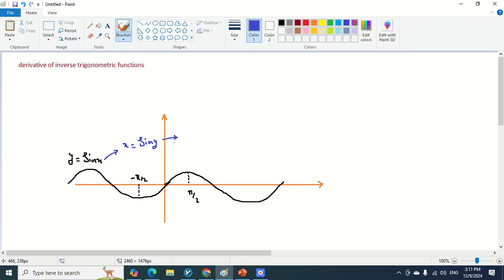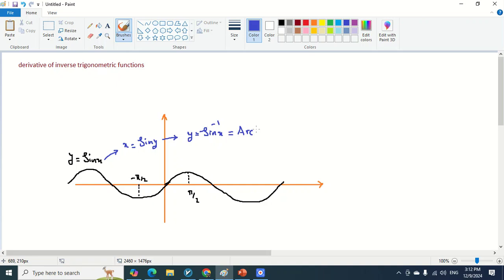It means that over here y is given by sine inverse of x, or arc sine of x, which determines the angle whose sine is x. So this is not a power or exponent, it only denotes the sine inverse, and we can rewrite that as the arc sine of x as well.